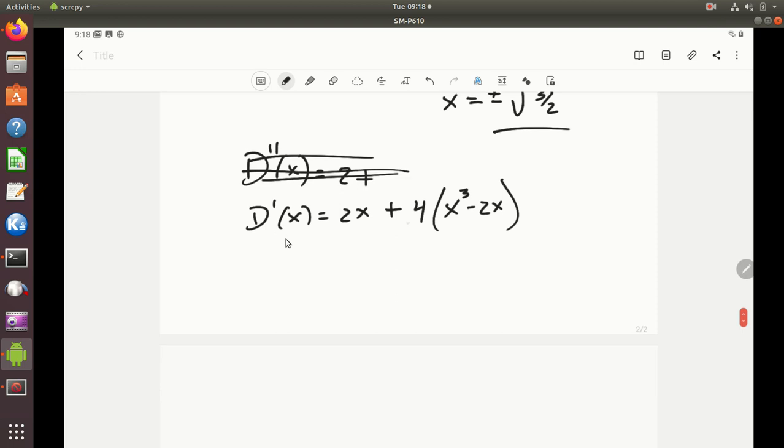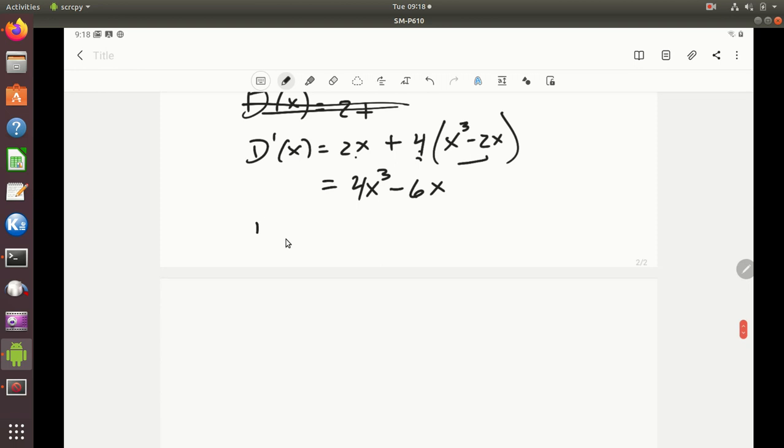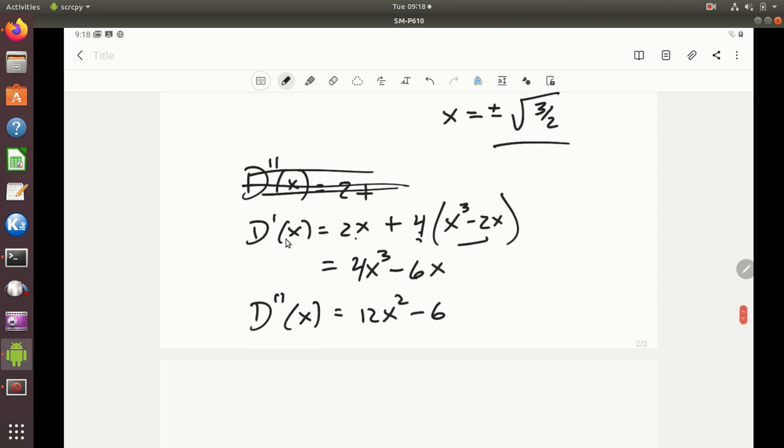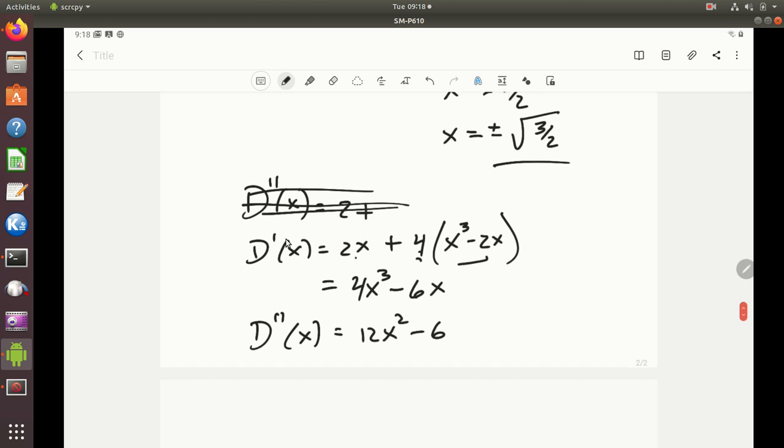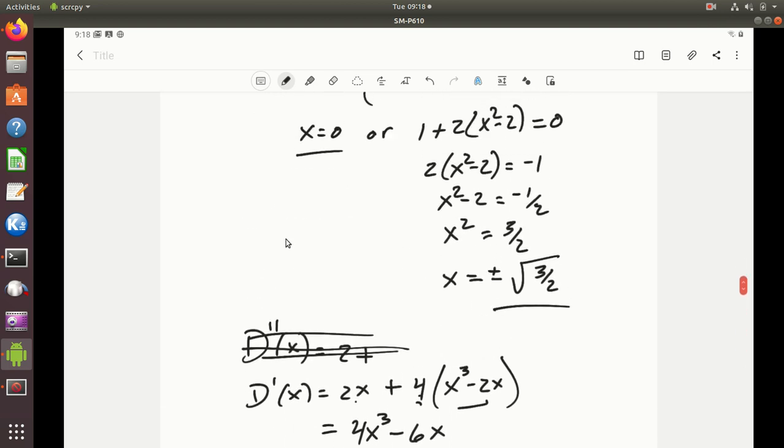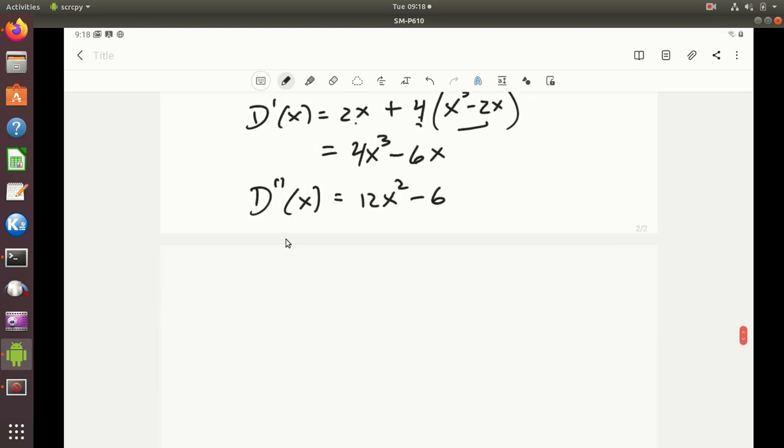And I think I'm going to continue to simplify, so I get a 4x cubed, and here's plus 2 minus 8, so that's minus 6x. So now I'll take the second derivative, 12x squared minus 6, and so what I need to do is check the concavity of each of these things.